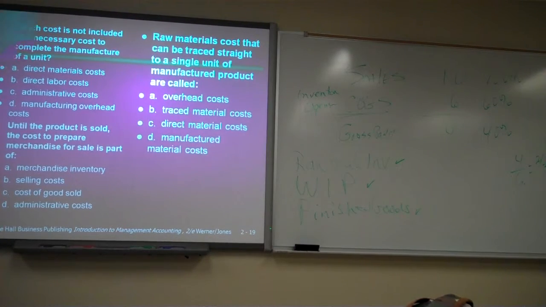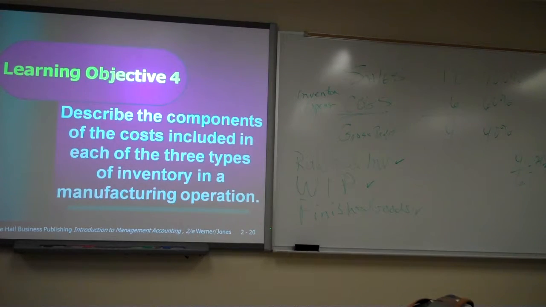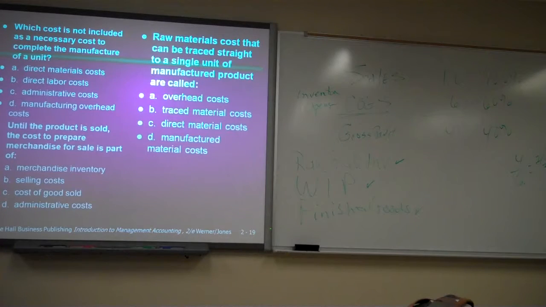So what would overhead cost consist of? Overhead costs, we're going to talk more about that, but this is electricity, because we can't trace the electricity to each chair that we make, so we estimate it. Anything that's not direct labor or direct materials goes in the manufacturing overhead budget, like the security guard. What else did we talk about?